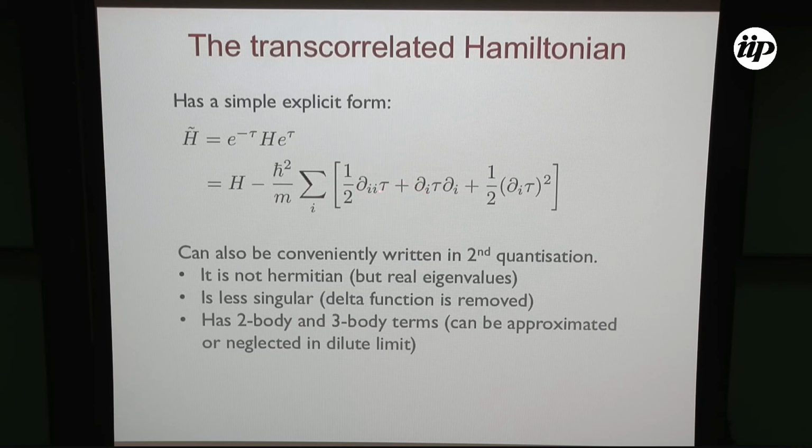You have an explicit form, so you have additional terms in the Hamiltonian. One thing they do is cancel the delta function interactions and generally provide something that is smoother. However, it's not Hermitian, it's singular, and it has two- and three-body terms.